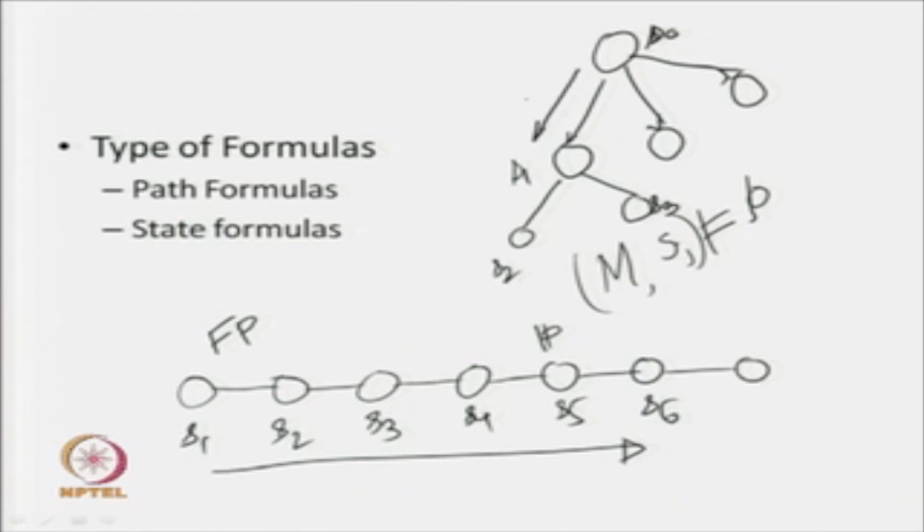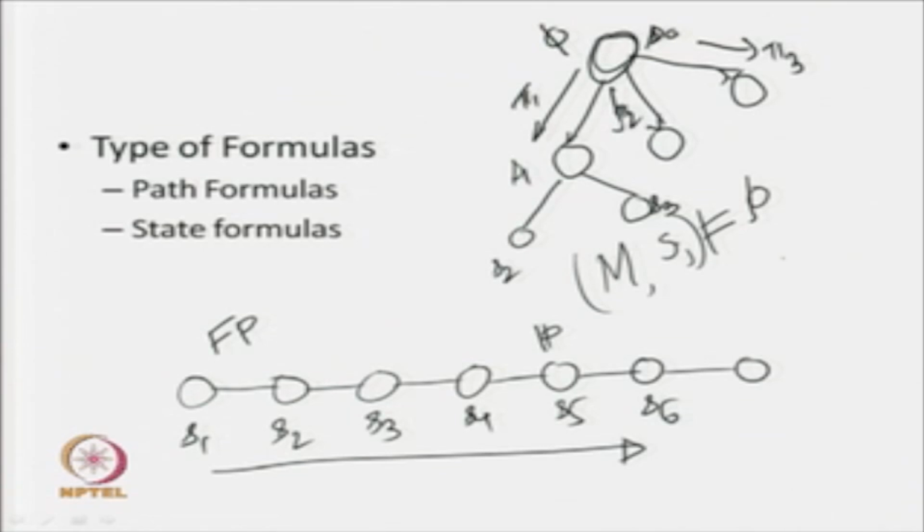Say this is path pi 1, this is path pi 2 and this is path pi 3. In that case, we have to see the nature of the temporal formula in all those possible paths, and depending on that we say the behavior of the formula phi in this particular state S0. So, in this case it becomes a state formula.